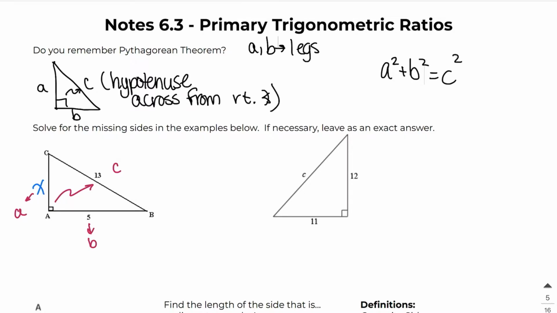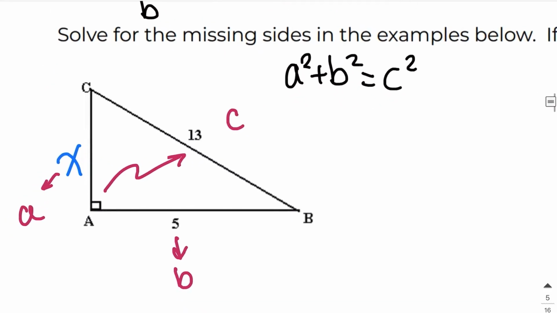These are interchangeable. So if I do this right here, it's a squared plus b squared equals c squared. When we take a look at what we have here, we know that the a is the x. Again, I could also just put that in for b. It doesn't matter. We know that the b is going to be the 5 and that the c is going to be the 13.